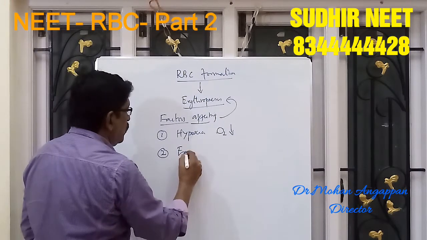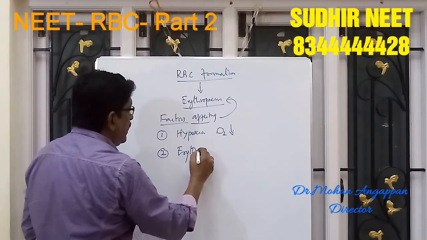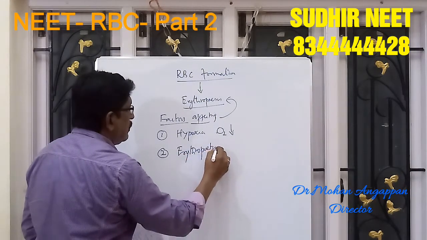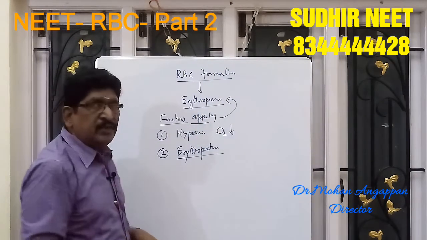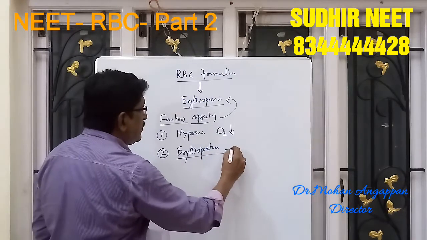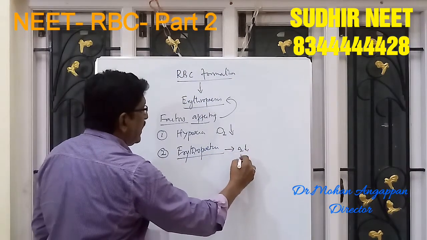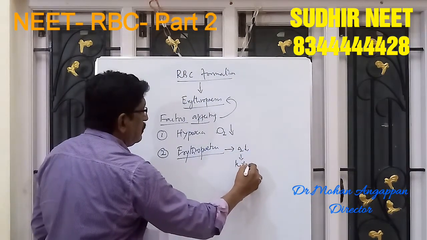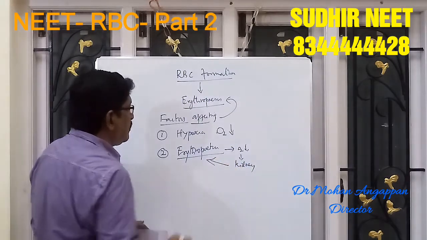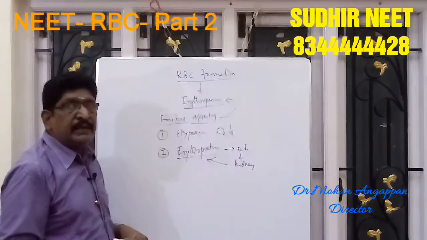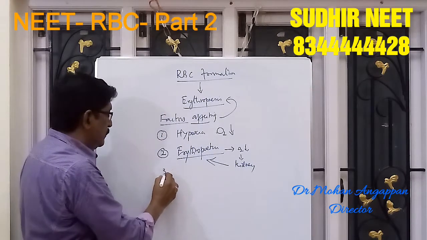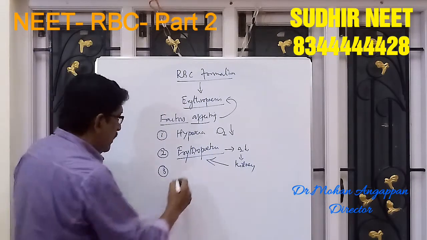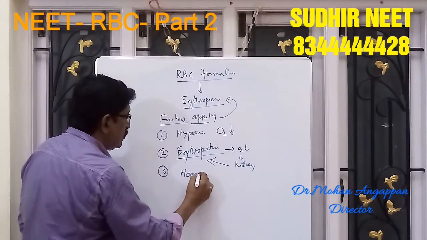Number 2, the pigment erythropoietin. This also increases the process of erythropoiesis. When the oxygen supply is less in the kidney, the kidney forms this pigment erythropoietin, which increases the process of erythropoiesis. Third factor, hormones.